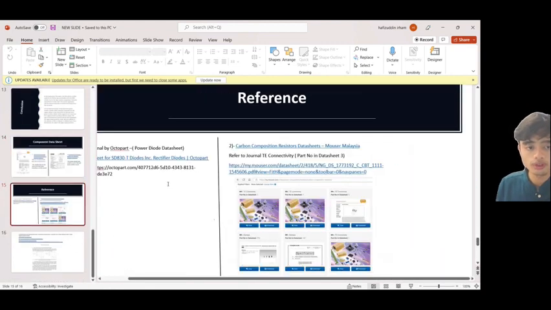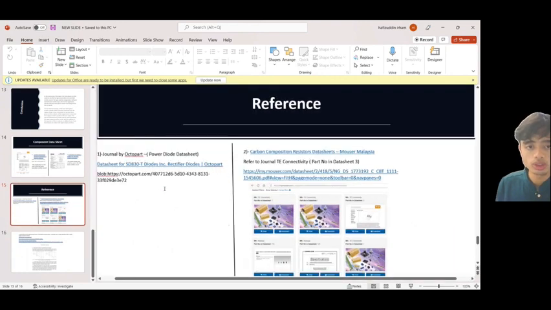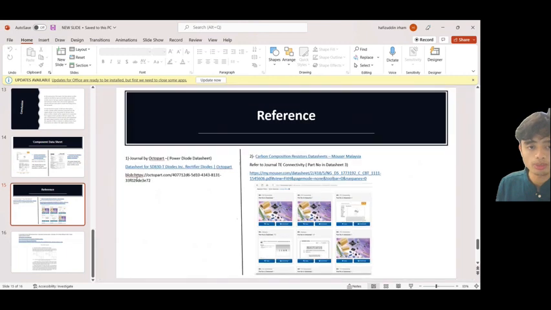And also we have a few references, like a journal by Octopart about power diode datasheets, and we also got a journal from TE Connectivity, and we used this to get the datasheet.